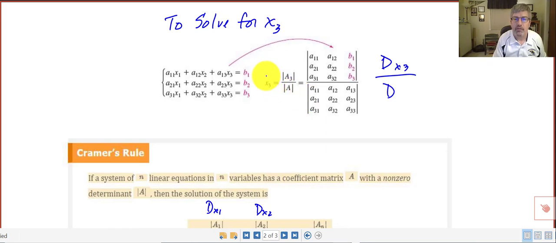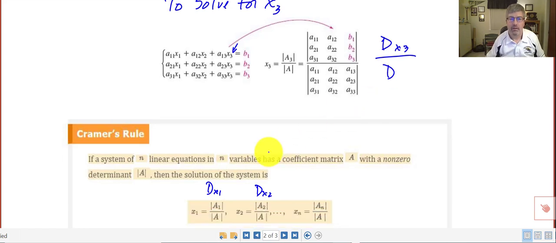If we're solving for x sub 3, our final variable, it's the determinant of D sub x3, meaning we would replace all of our coefficients on our final variable with our constants while keeping our first two columns, and calculating that determinant in our numerator, all divided by the determinant of the coefficient matrix, D. And that leads us to Cramer's rule.